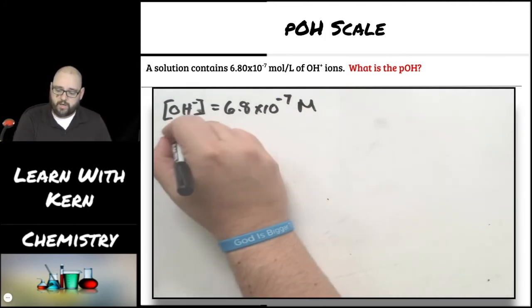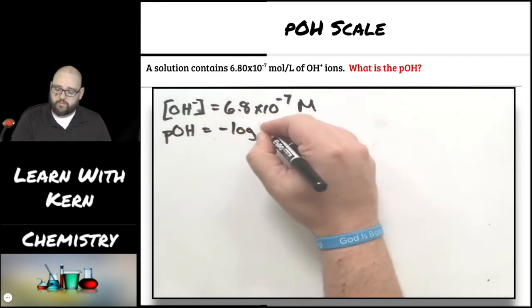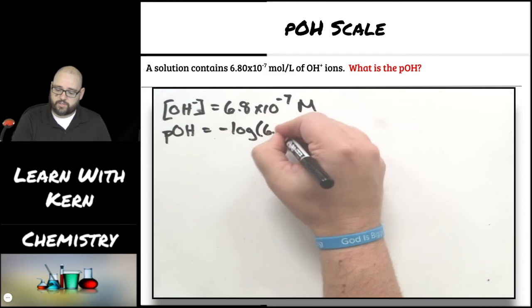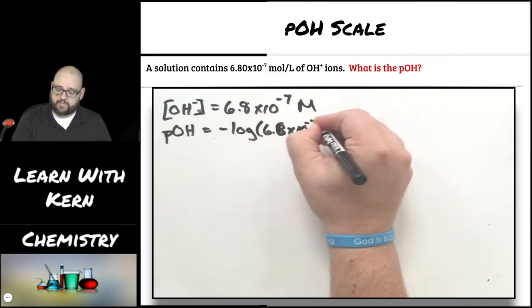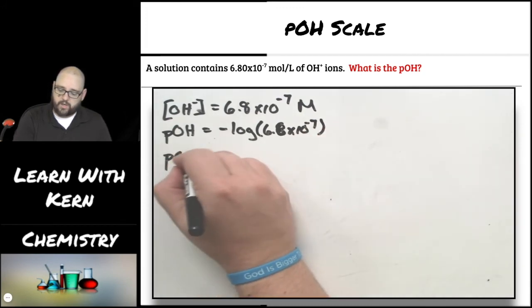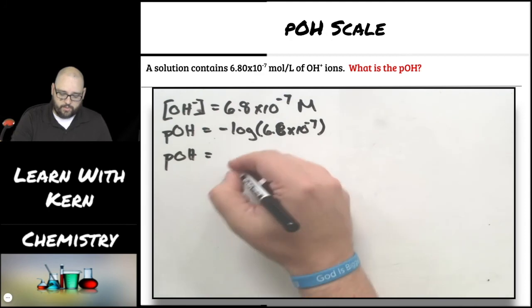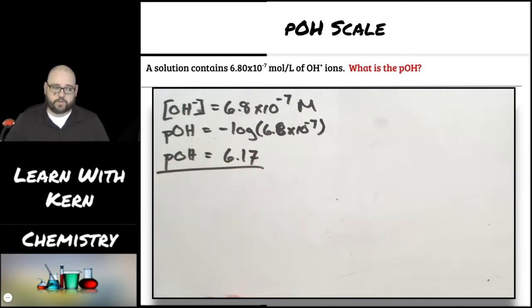Well, pOH is going to be a negative log of my hydroxide ion concentration. So 6.8 times 10 to the negative 7th. And so my pOH is equal to 6.17. That's the first answer there. That's my pOH is 6.17.